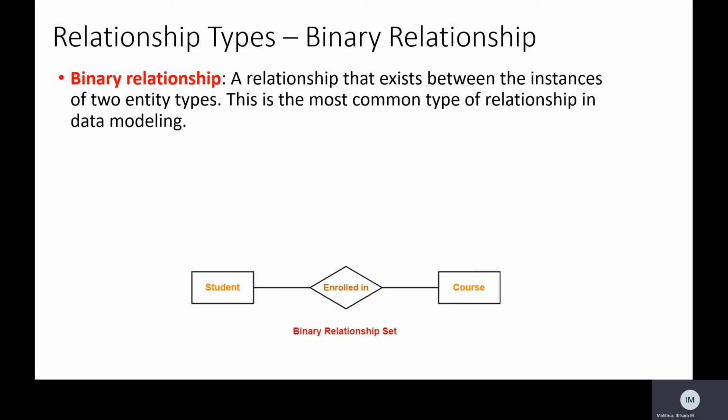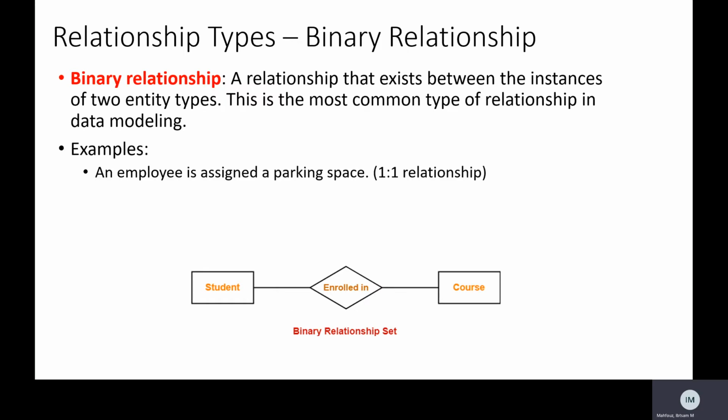In terms of number, we just look at how many entities are involved. If a relationship only involves one entity, and the entity refers back to itself, we say that is a unary relationship. If we have two entities that have some kind of relationship between them, we say that is a binary relationship.